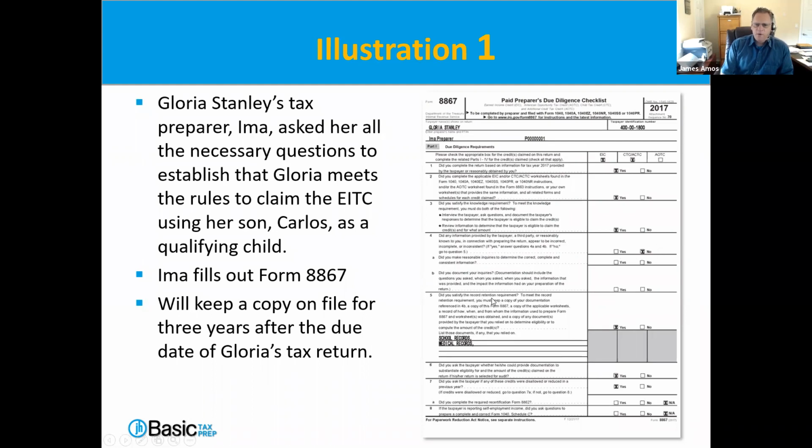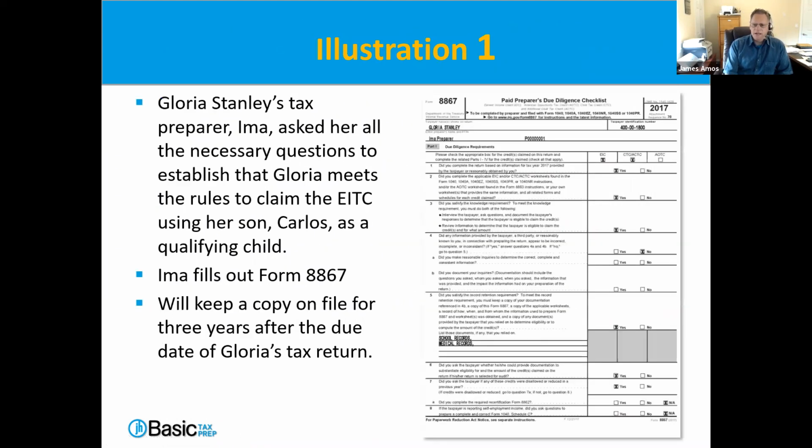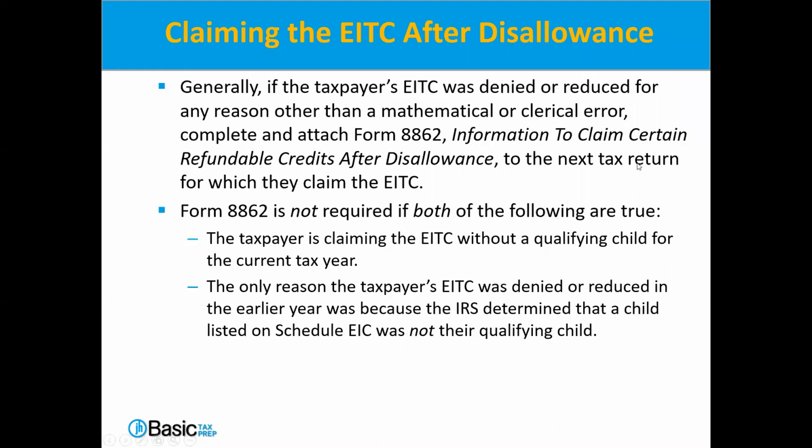Did you satisfy a record retention requirement? Yes. Did the taxpayer document the eligibility for this? Yes. Did you ask the taxpayer if any of these credits have ever been disallowed? Yes. And then on page 2, you'd get into the specific questions for each one of these.